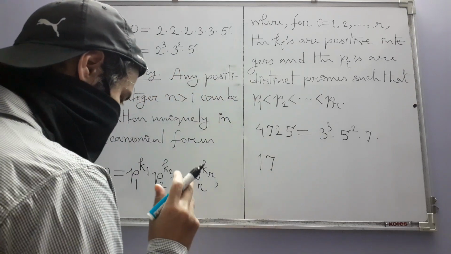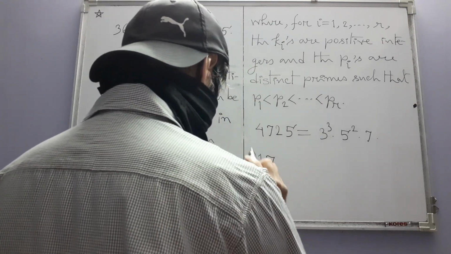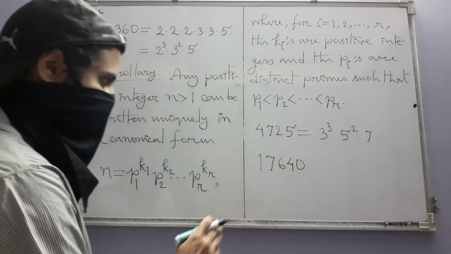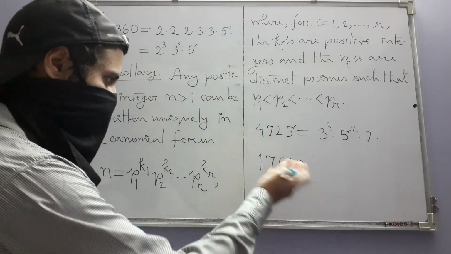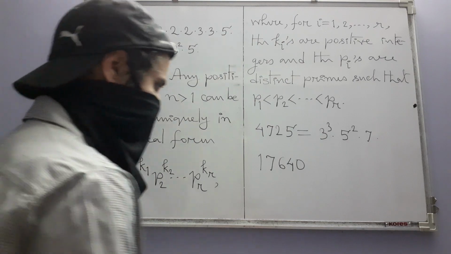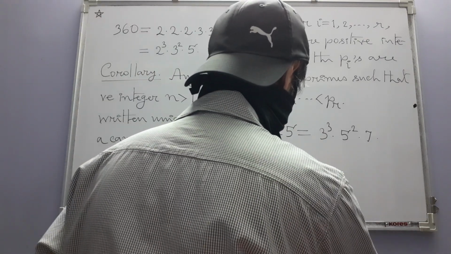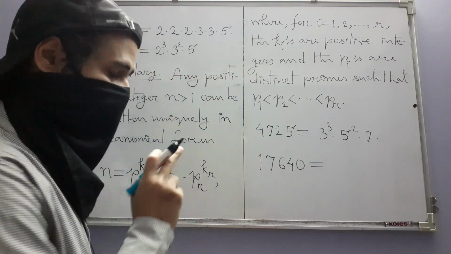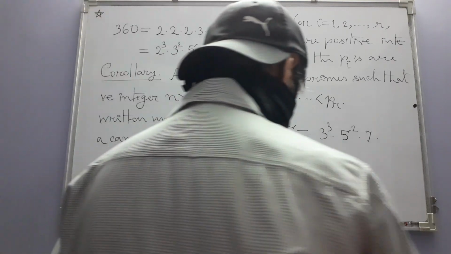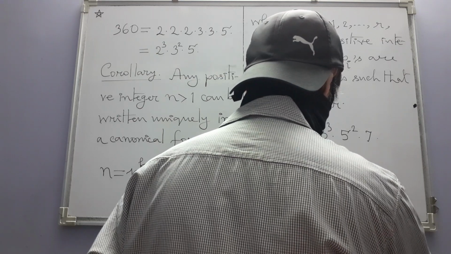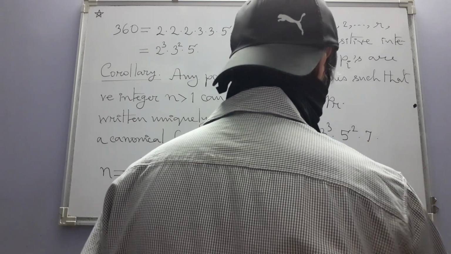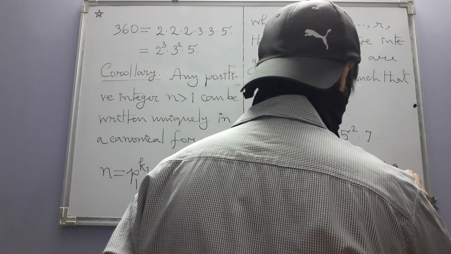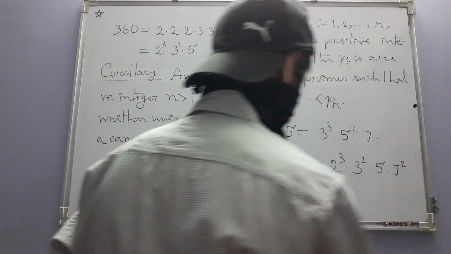The actual number should be 17,640. In the text it's given as 17,460, which is wrong. I'm saying this because the factorization that is given matches with this one but not the one given in the text, and the factorization here is 2 cube times 3 square times 5 times 7 square.